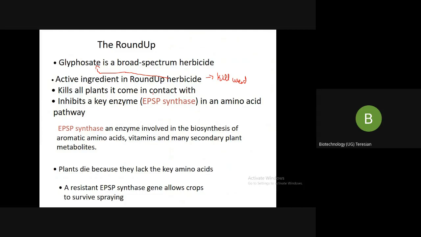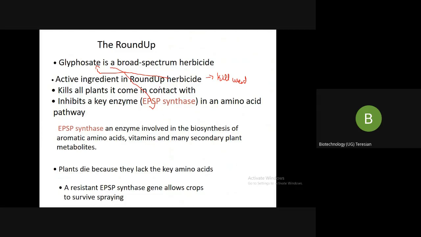So how is it bringing about the killing of the weed? It inhibits the key enzyme EPSP synthase in an amino acid pathway. So this glyphosate is going to kill the plant by interfering with this enzyme called EPSP synthase, which is present in the amino acid pathway.